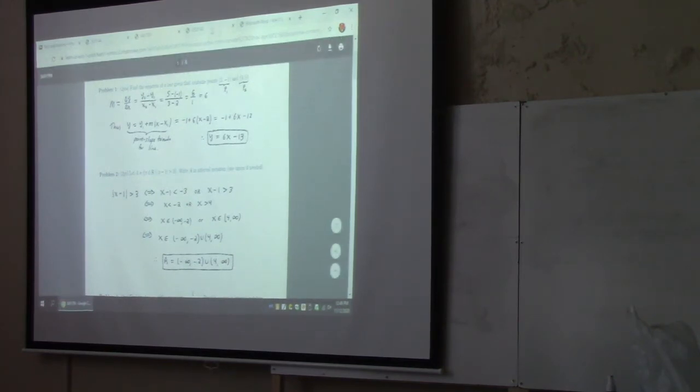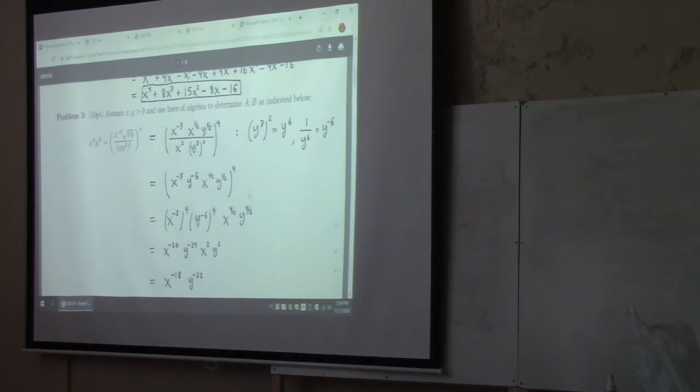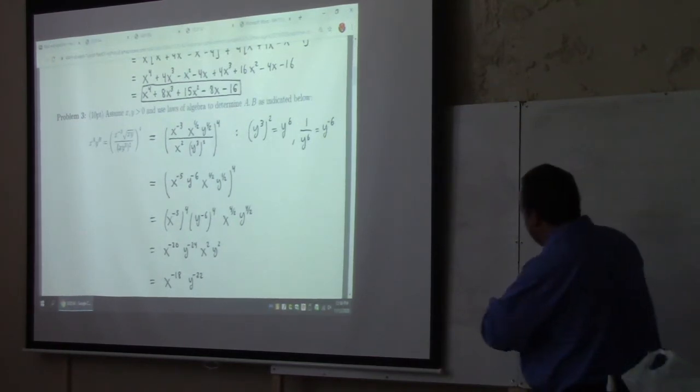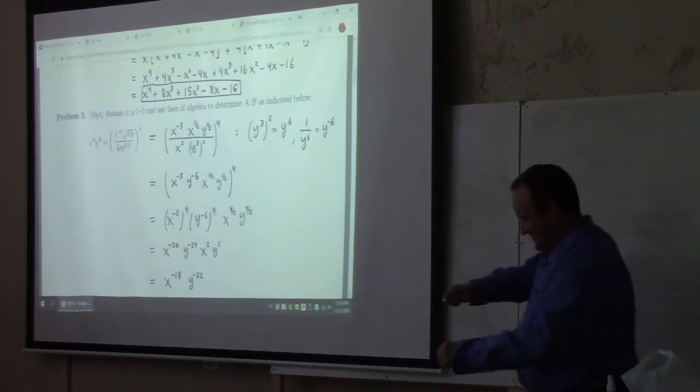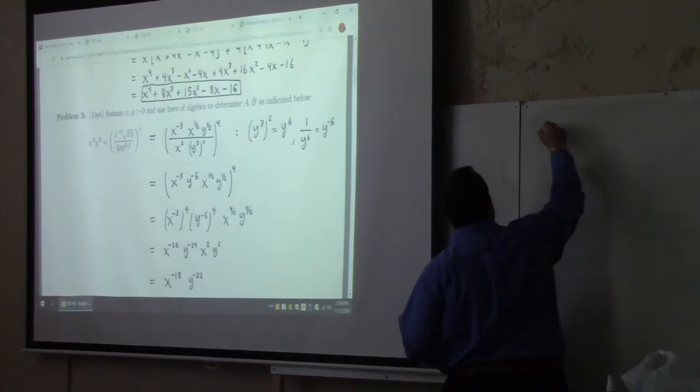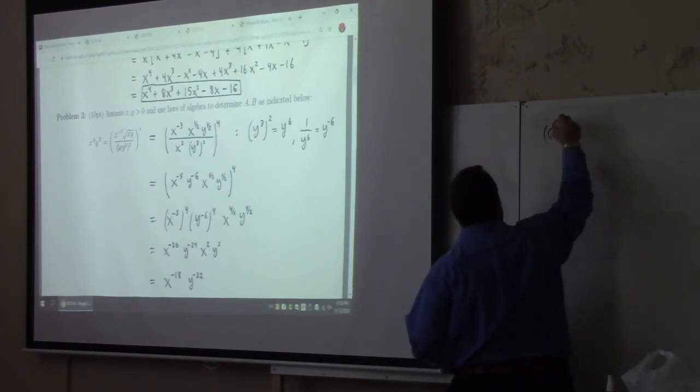Listen, so where was I? This one here. The main thing is we have laws of exponents we have to use, right? What are the laws of exponents that we have to work with? Top over bottom is negative, right?